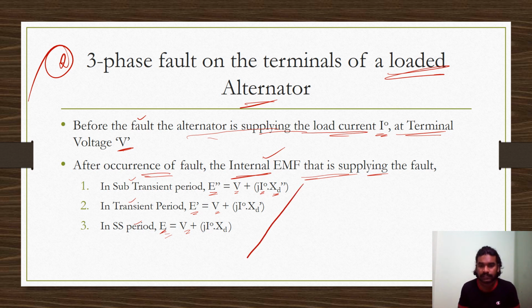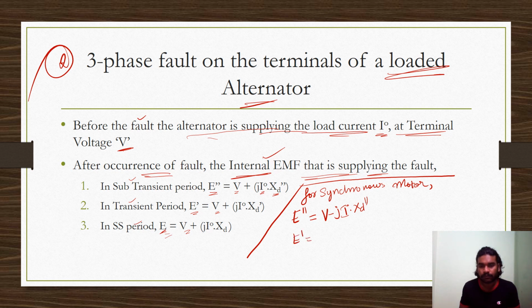This is what we are studying for an alternator. If you do the same analysis for a synchronous motor, the symbols will change. E double dash would be equal to V minus j I naught XD double dash.